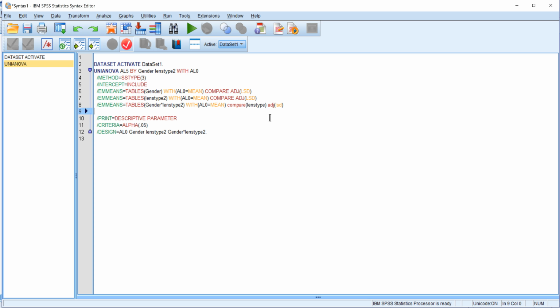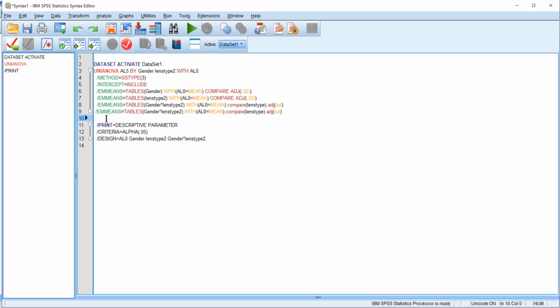So that's going to let me do basically t-tests on the lens against each of the pairs of lens types.